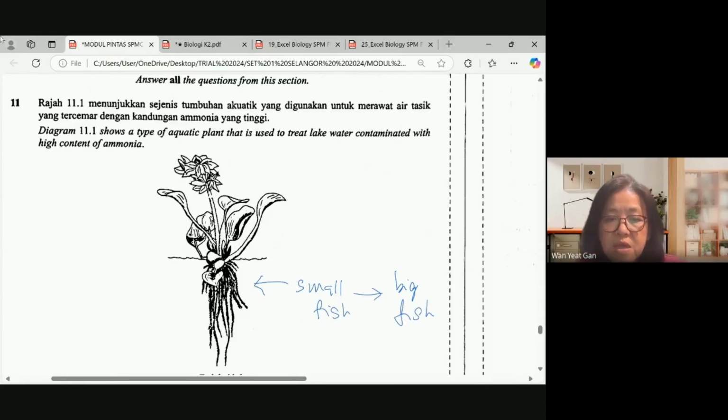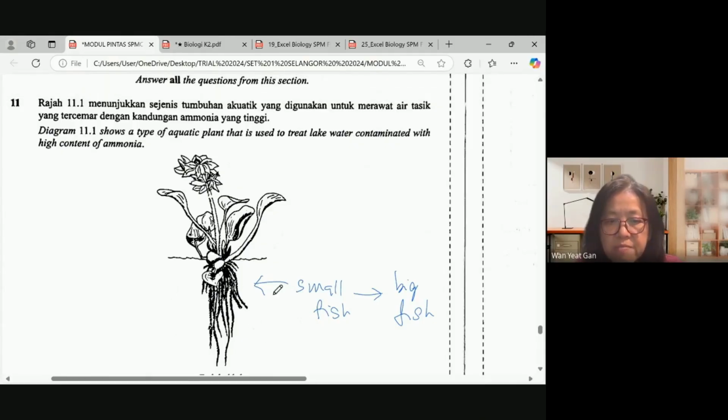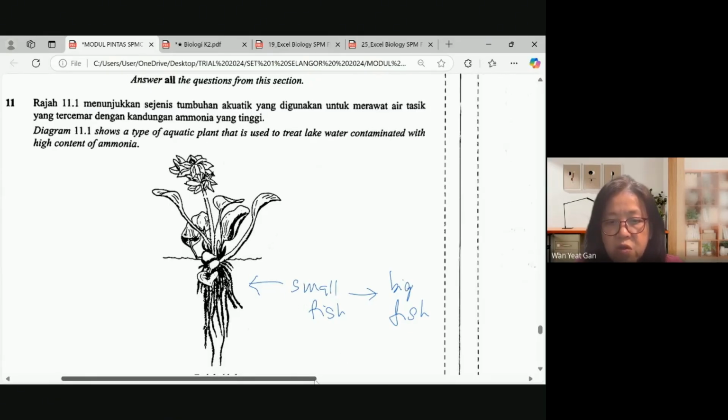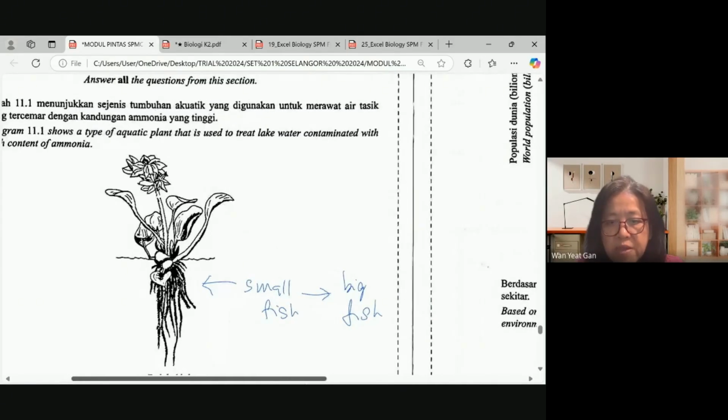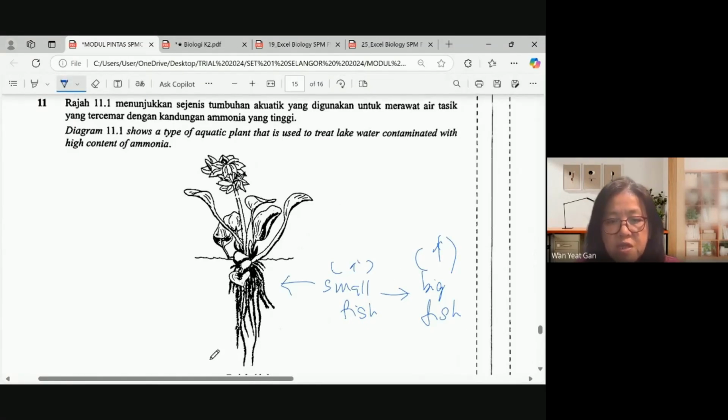So it means that the ammonia will then be biomagnified in the body of the fish. So this is called biomagnification, where the amount of the waste is actually increased, okay, from one organism to another organism in the food chain. So that is the disadvantage, yeah.